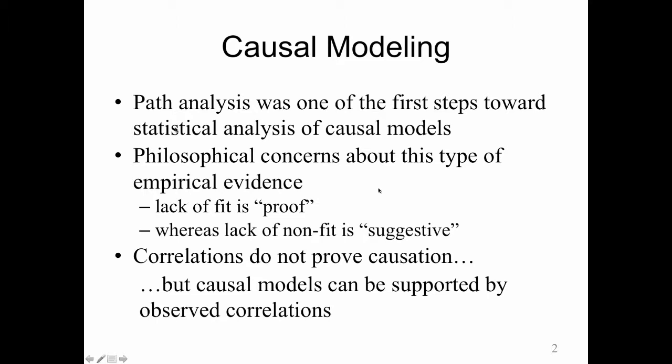The path analysis was the first step towards this idea of developing a causal model. That's where you want to set up a situation where A influences B, B in turn influences C, C influences D, and you've got this chain of causal influence happening.